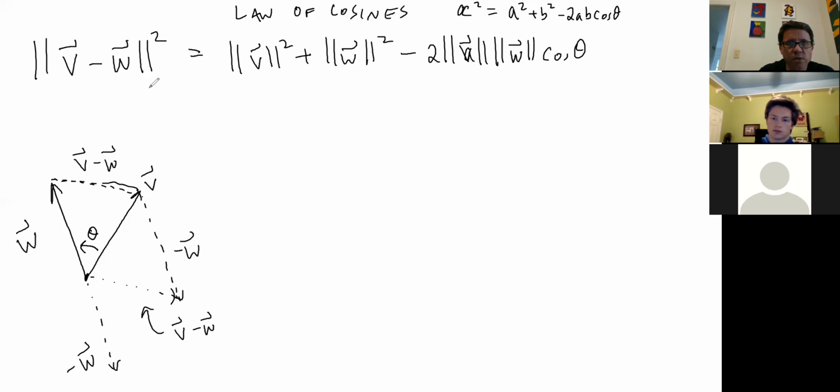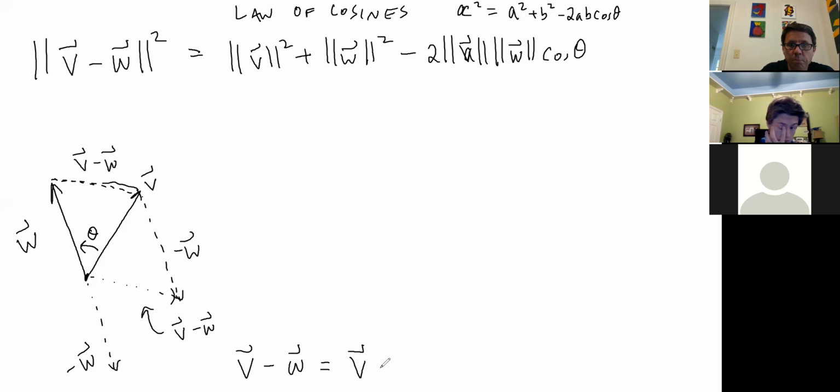Sir, I'm kind of confused on how V minus W is equal to V plus W. Wouldn't you put W on the tip of V and then it would make that really obtuse angle, like if it was V plus W?